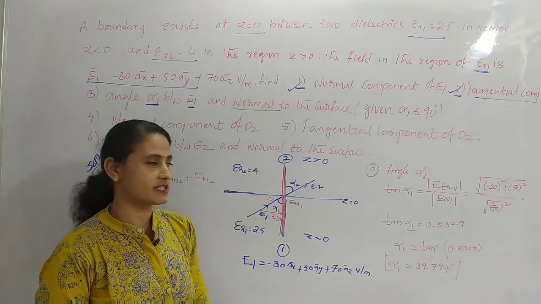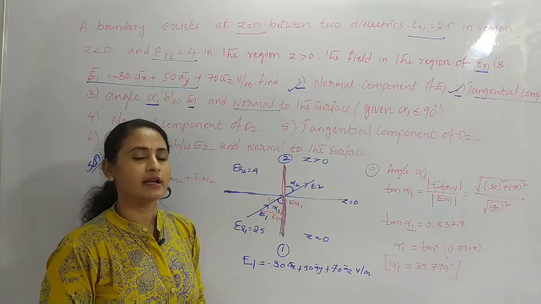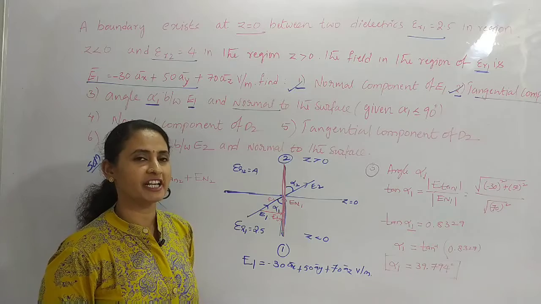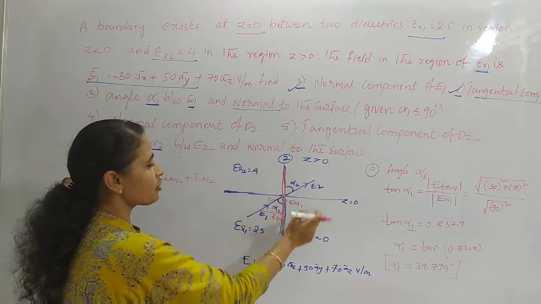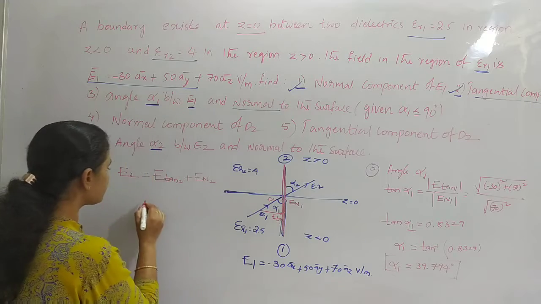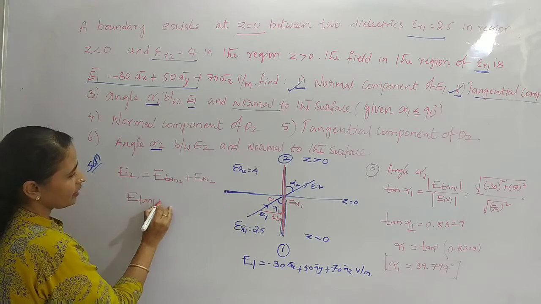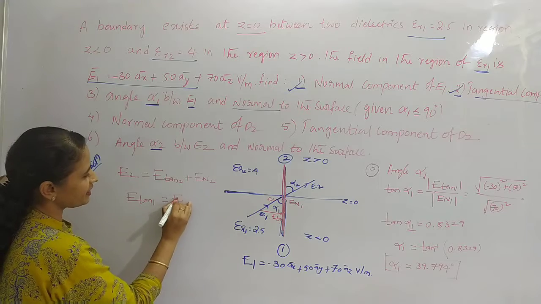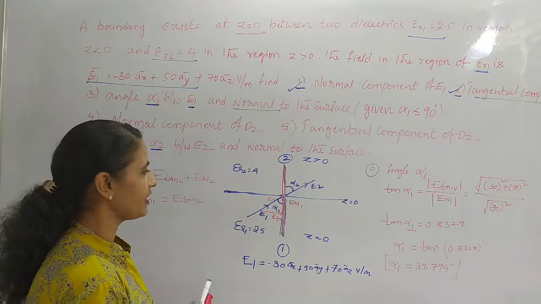In the boundary conditions between two dielectric media, we have obtained the relationship between the tangential components of both media or the normal components of both media. Since both media are dielectric, what is the relationship between the tangential components? Tangential component in the first medium is the same as tangential component in the second medium.